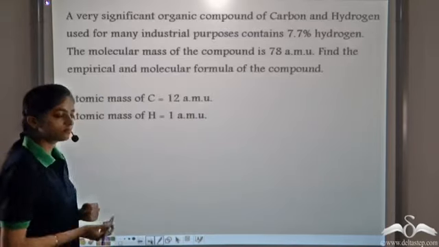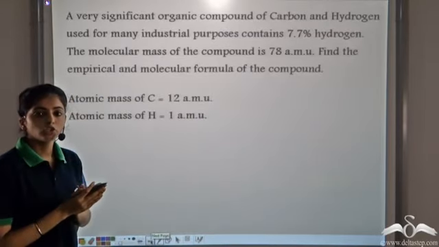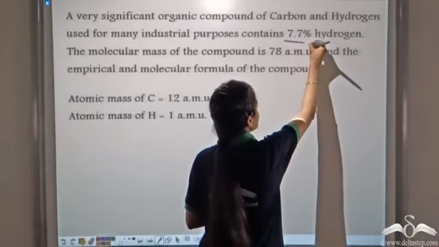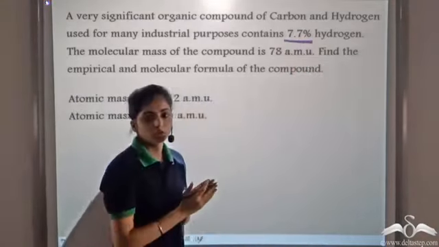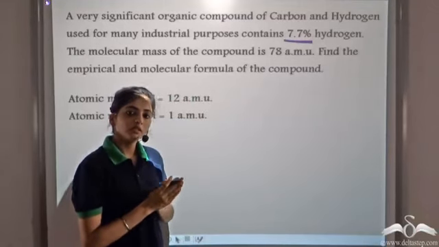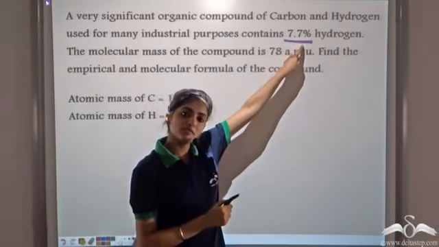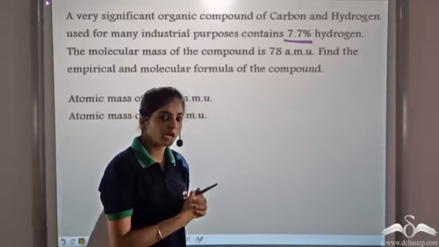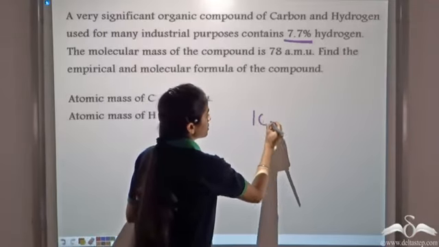Now, we see the percentage of the 2 different atoms which are present. It's given that there is 7.7% hydrogen. We know a compound is 100% complete. So if we have 7.7% hydrogen, the remaining percentage will be carbon.